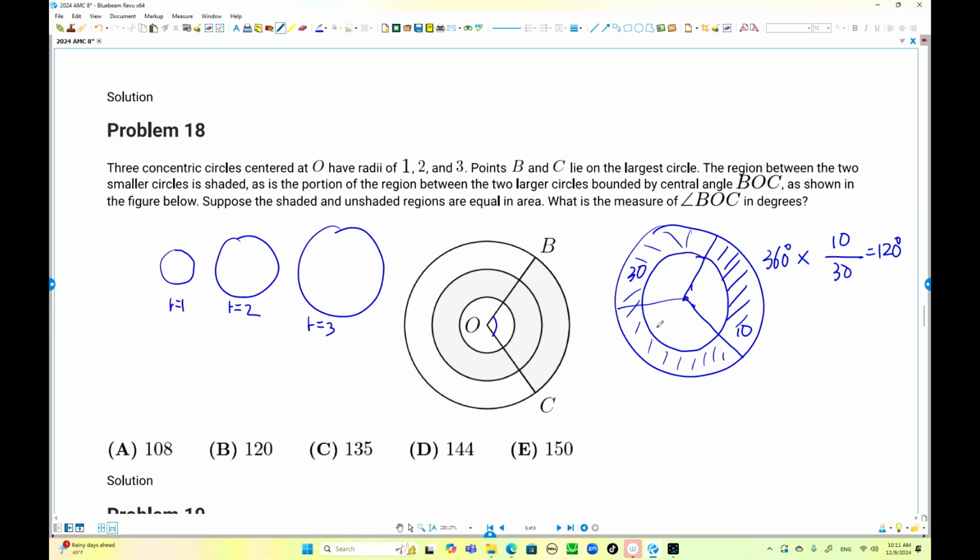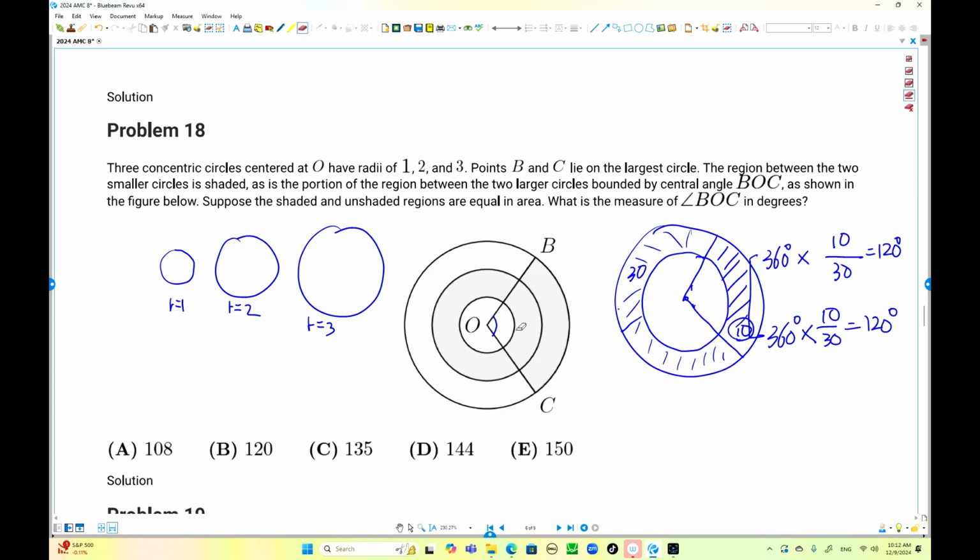If this is area 10, all the other shaded area is 30, right? This is 20. So each one is 10, 10, 10. So still 360 times this area is only 10 out of what? 30. Still 120 degrees. Okay? That's the formula. Now we're going to find the area of this one. So maybe you can choose this area or this area, it doesn't matter, okay? All right, now let's find the ratio of area, okay?